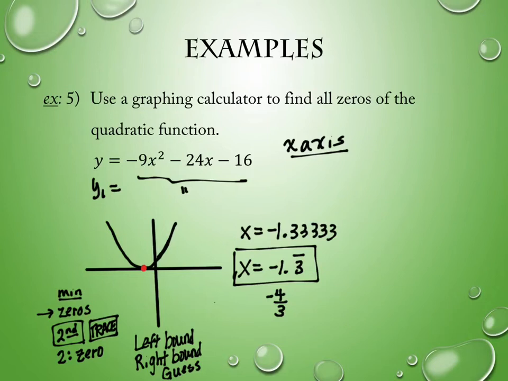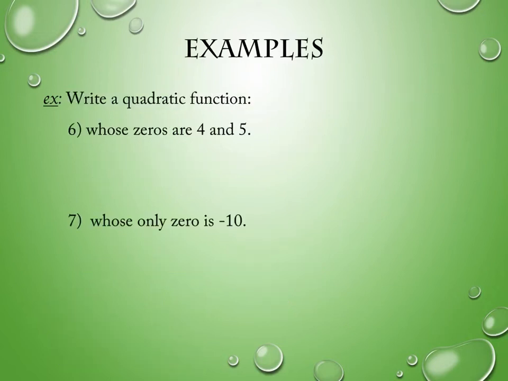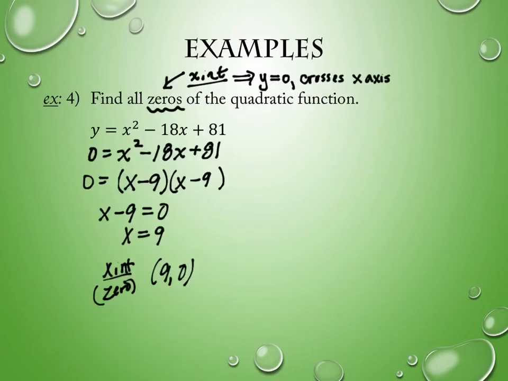We'd also like to be able to know what the zeros are and go backwards and find the functions, if you will. So we're going to take a couple of examples of that. We're given the x-intercepts or the zeros, and we're asked to find the function that corresponds to that. And you'll notice this really lovely relationship between the factor and the intercept: they're basically the same thing, but the 9 is moved to the left-hand side.